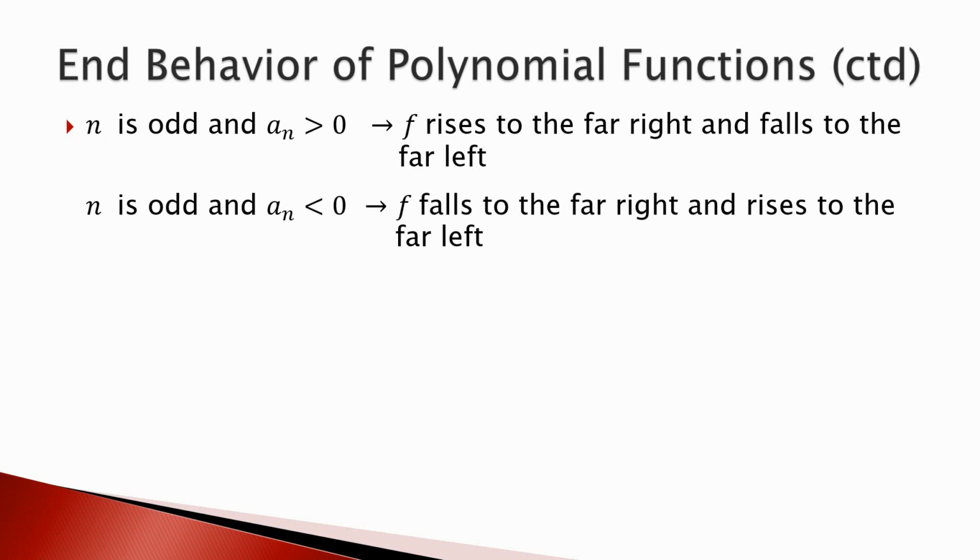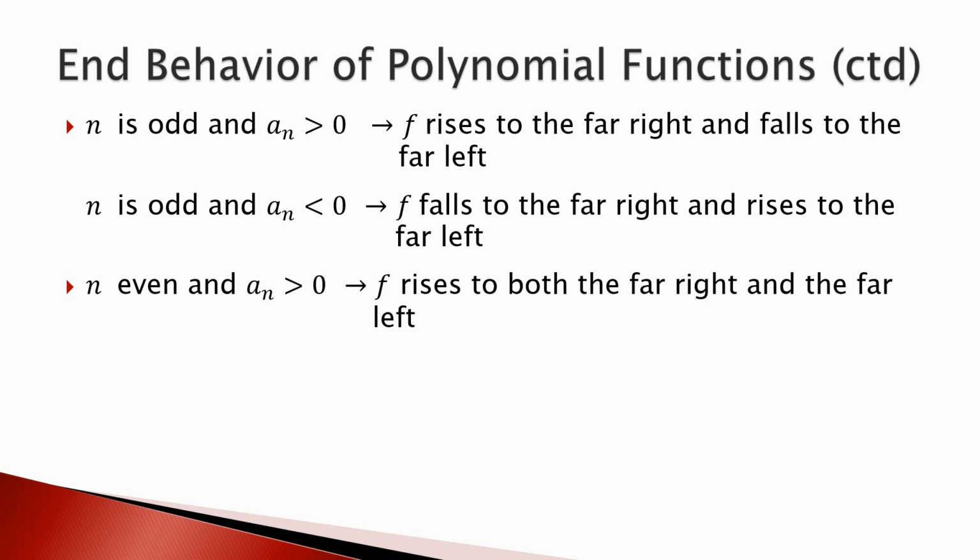If n is odd and positive, f rises to the far right and falls to the far left. If n is odd and negative, f falls to the far right and rises to the far left.